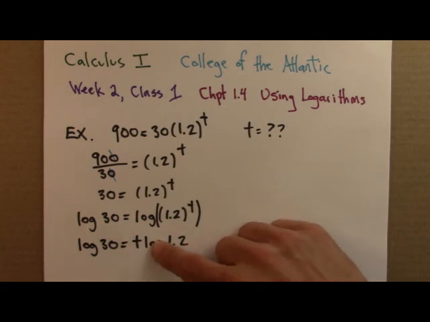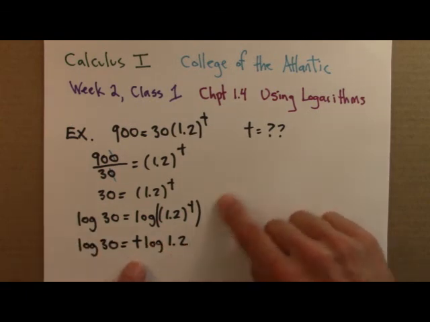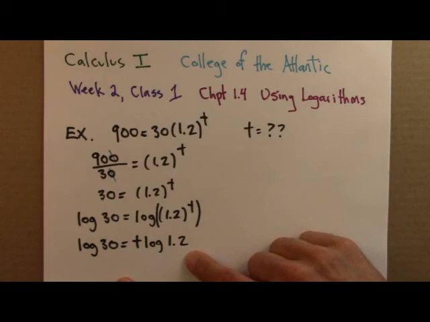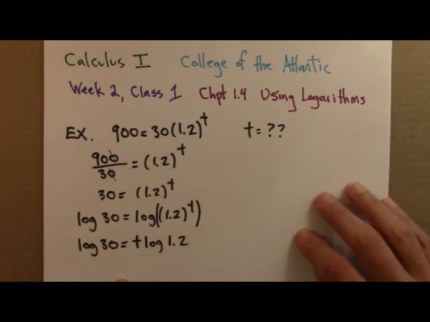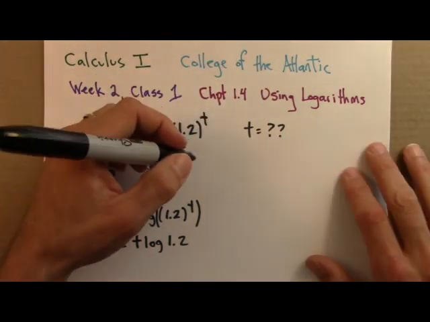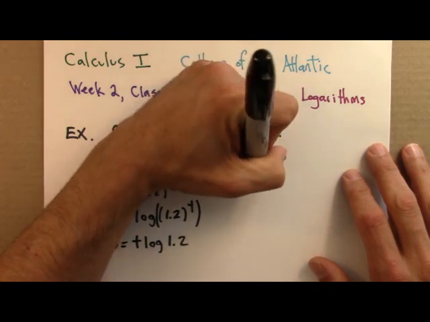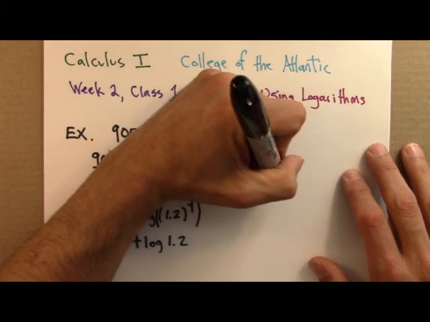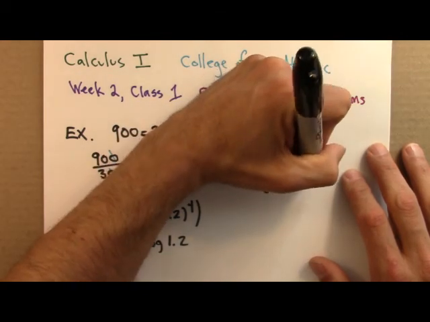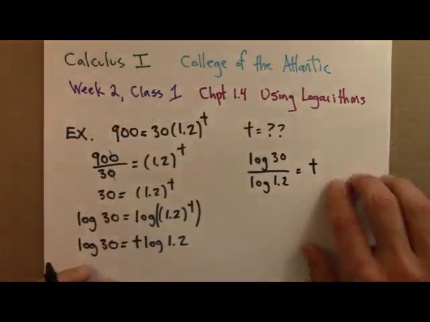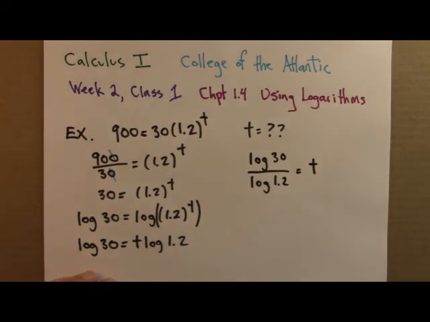And that means we can just solve for t. Remember, we're trying to solve for t here, by dividing both sides of the equation by log 1.2. So let's do that. We've got log 30 over log 1.2 equals t. And at this point, we'd need a calculator to go further.